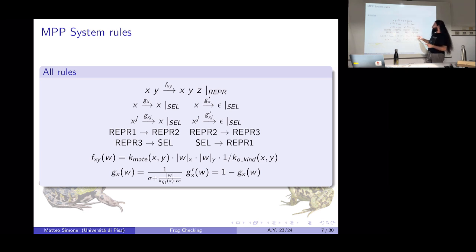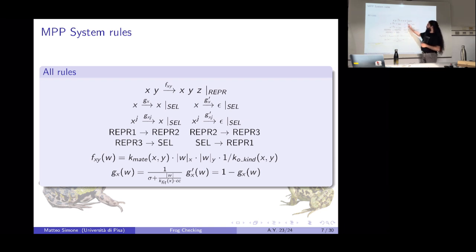So either one, if those species can produce only male or female juveniles, or two, if they can produce both males and females. This repr means that we must be in one of the three reproduction stages we have. One simulation here is made up of four stages that alternate between reproduction 1, 2, and 3, and a selection stage, which basically means frogs either die, grow, or just survive.